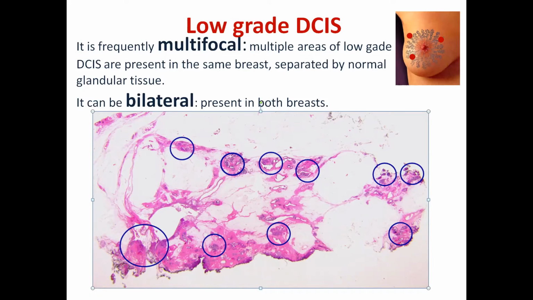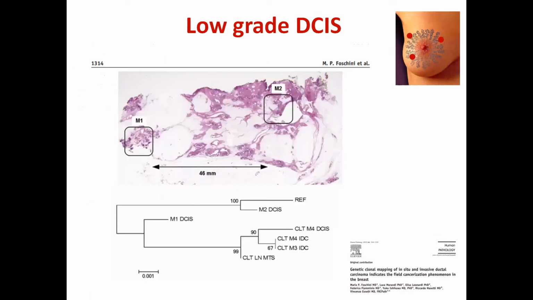But going back to theory, you see, how can we have a lobar growth so large, involving one breast, almost an entire breast, or both breasts? In this case, we have multiple different lobes affected.